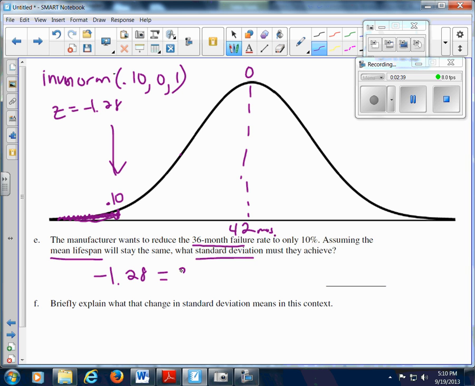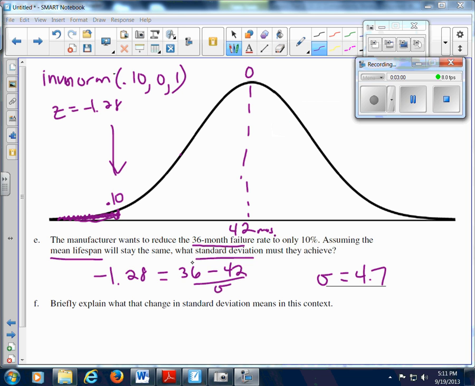I know that 36 months is the x, 42 months is the mean, and I need to figure out what that standard deviation is. If I go through the algebra and solve it, I know that standard deviation is going to be about 4.7 months.